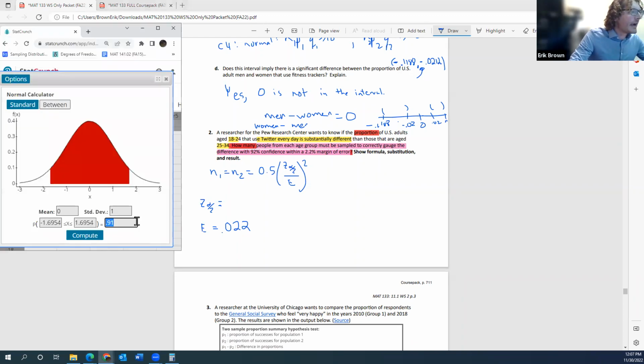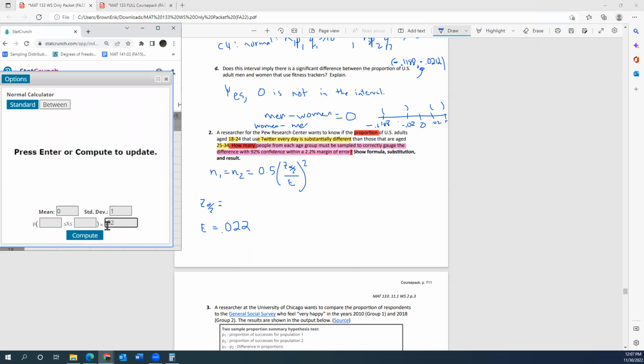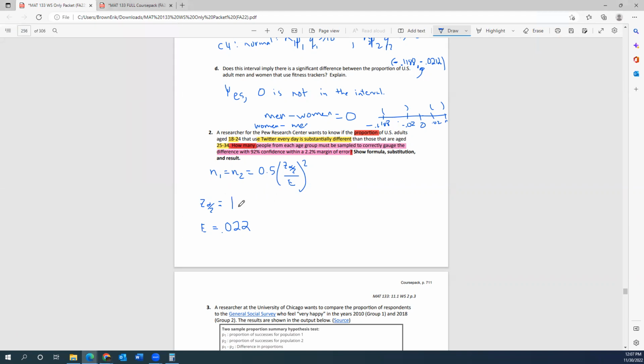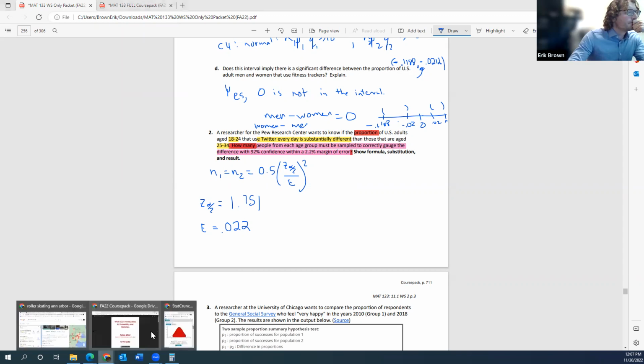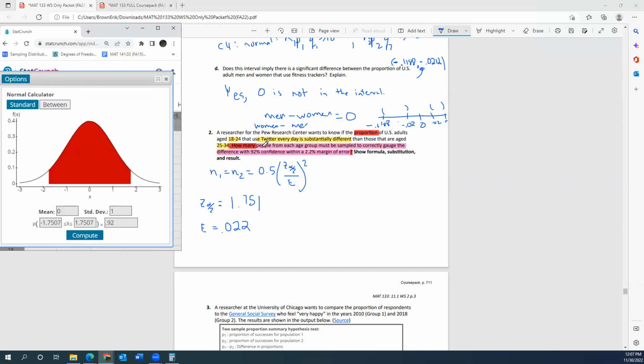Okay. How did you get the Z alpha divided by 2? I went to StatCrunch and did stat, calc, normal, pulled that open. Yep, 0.92. Love it. And then I just substituted it all in and did it in Desmos. Excellent.